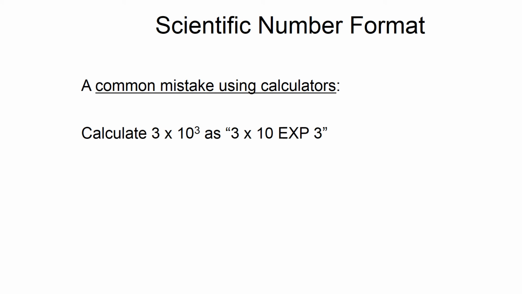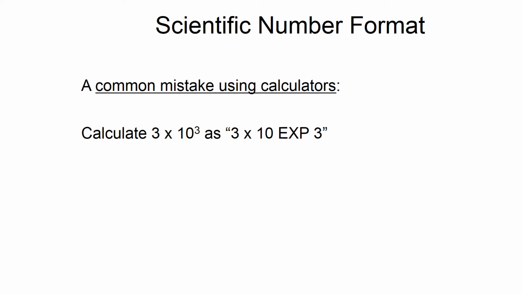So 3 times 10 to the 3, okay? So that's 3,000 in old money. You can write that in your calculator, maybe by pressing 3 and then maybe the EXP button on your calculator, or you might have a times 10 to the 3 button on your calculator, okay?